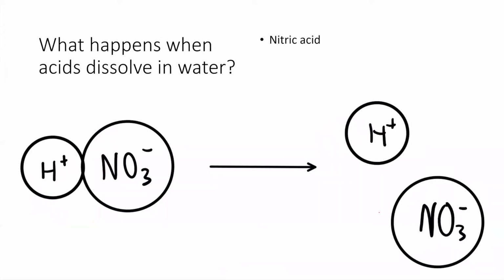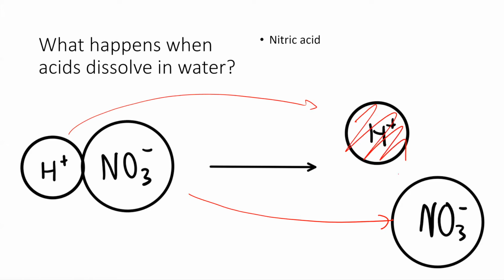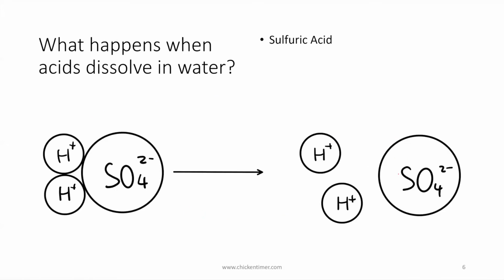For nitric acid, the two will become separate like that too. So the key is this. And then sulfuric acid: one sulfuric acid, when it dissolves in water, breaks up to form two hydrogen ions and one sulfate ion. That you must know.